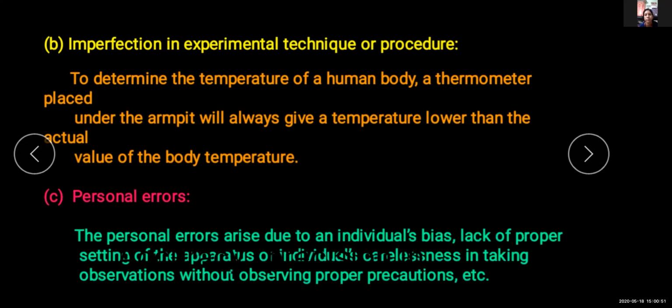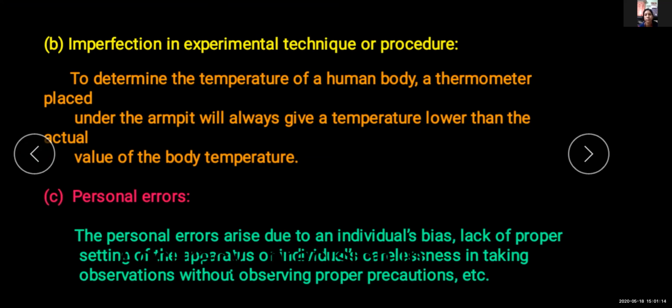Now, what is personal error? Personal error arises due to an individual's lack of proper setting of apparatus or individual carelessness in taking observations without observing proper precautions. When you perform any experiment in the lab, you have to take some precautions.